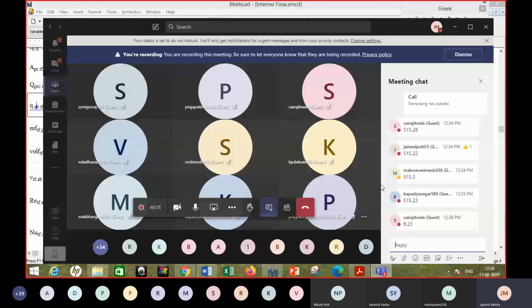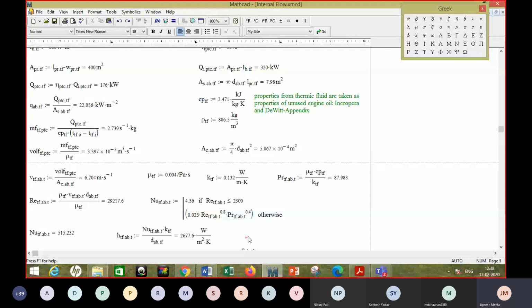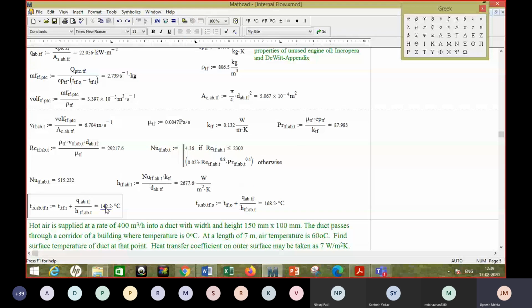Yeah, so it's 8.23. I had found directly the number, right? That is the surface temperature at the inlet and surface temperature at the outlet.